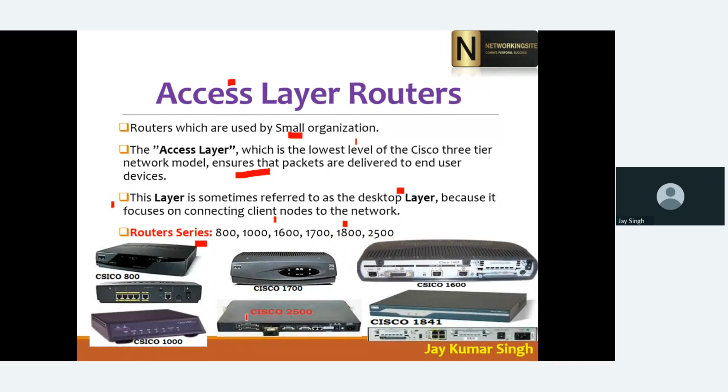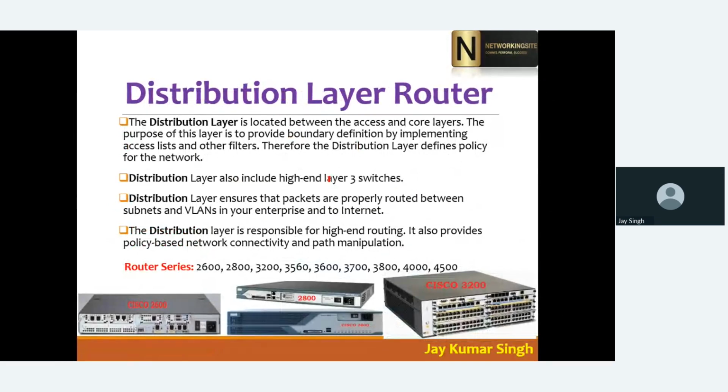They perform basic routing, basic networking, and basic DHCP, and you can even configure OSPF, EIGRP, RIP, everything. But they can only work for a small organization, not for heavy traffic communication. You can simply say that an access layer router cannot be used in a large network.